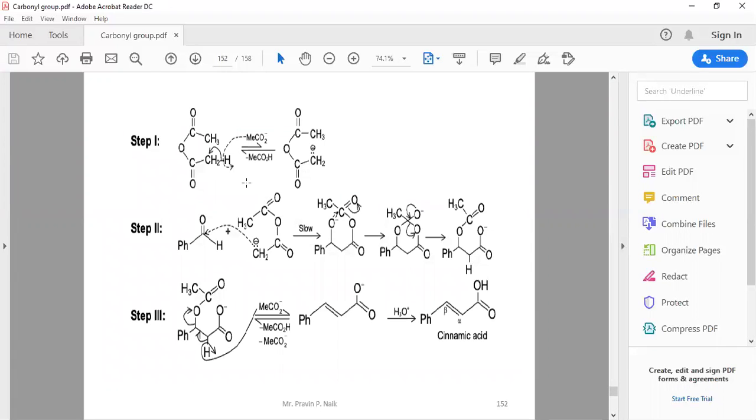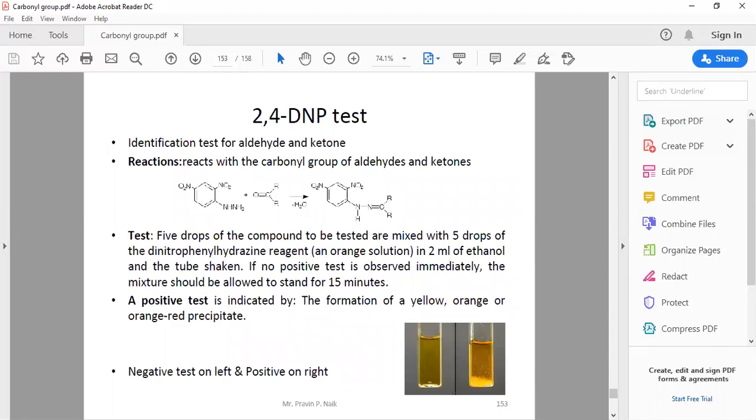You can see here this is the base, it is abstracting the proton of anhydride, it forms the carbanion, and then the carbanion attacks the electron deficient carbonyl carbon of the aldehyde, and it leads to the formation of cinnamic acid. So this is the Perkin condensation.